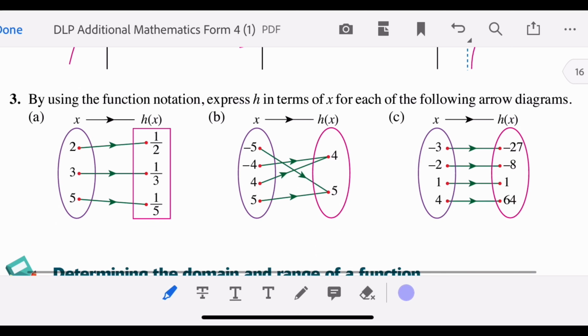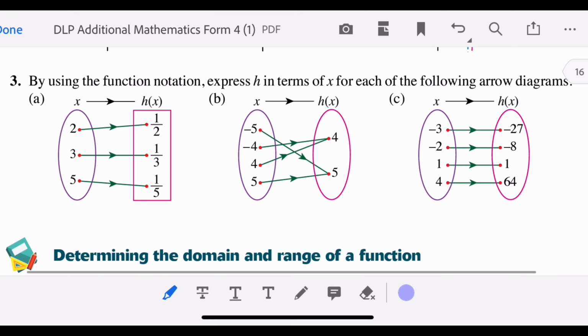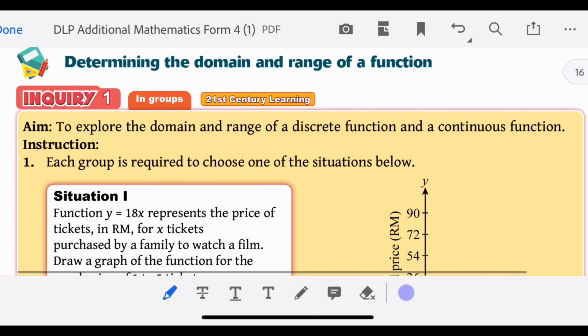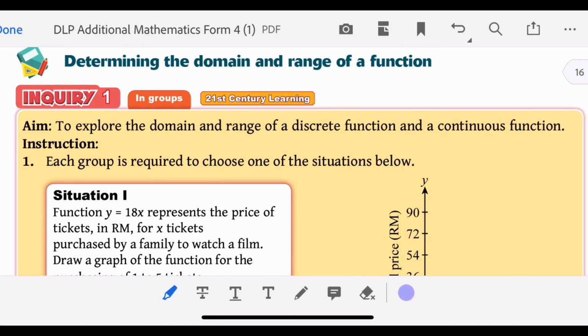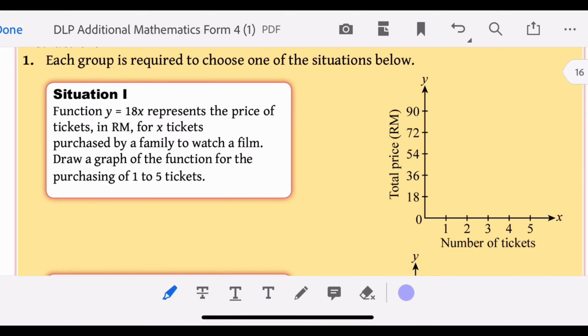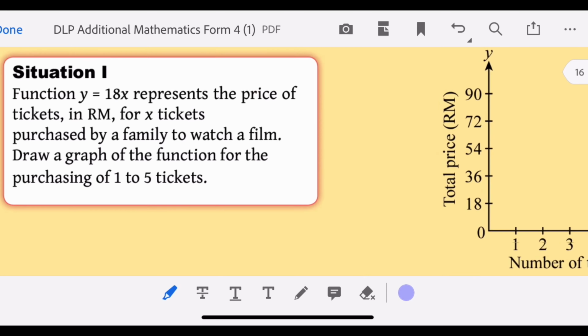By using the function notation, represent h in terms of x. So you try to write the function notation. For this function, you also must know how to determine the domain and range of a function. It's actually a very interesting topic.